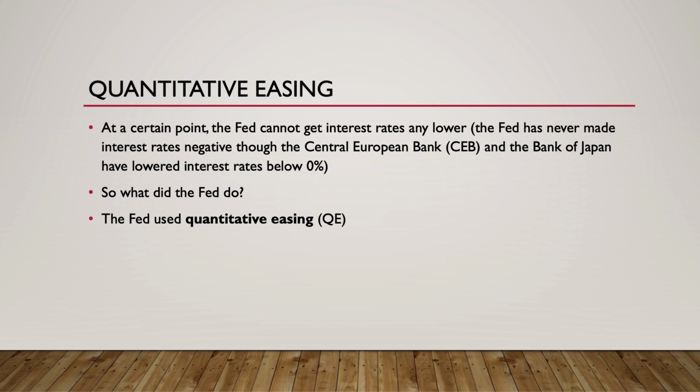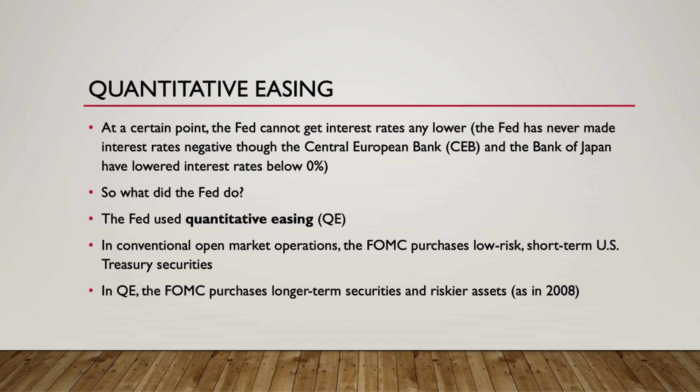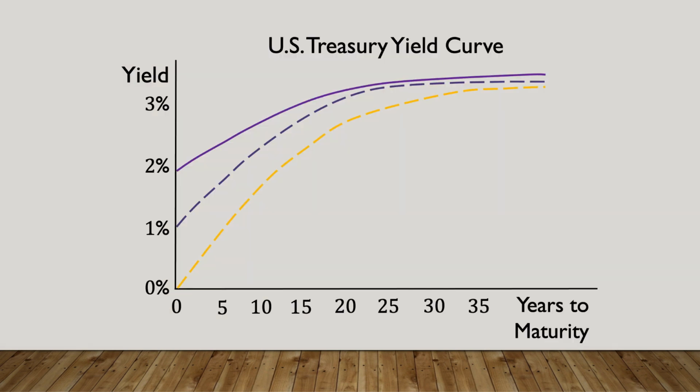But how is QE different from conventional open market operations? When engaging in conventional open market operations, the FOMC purchases low-risk, short-term U.S. Treasury securities. When engaging in QE, the FOMC purchases longer-term securities and riskier assets, like certain mortgage-backed securities in 2008. Consider the U.S. Treasury yield curve.